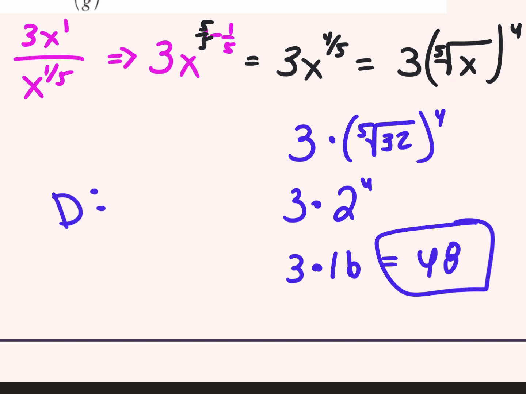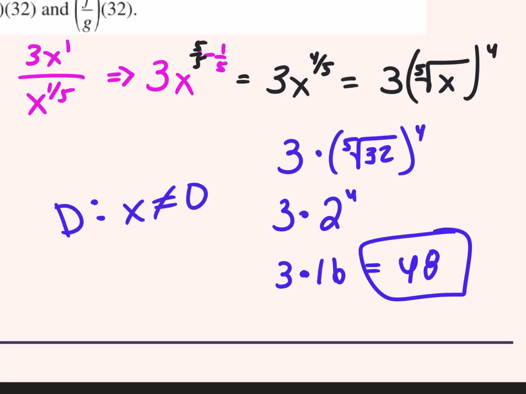Your denominator cannot be what number? Cannot be 0. So what's the only number in the world that I'm not allowed to use in this problem? X cannot be 0. It can be any positive number. It can be any negative number. But it cannot be 0. You guys see that? All right.